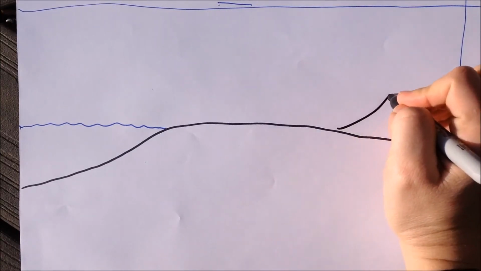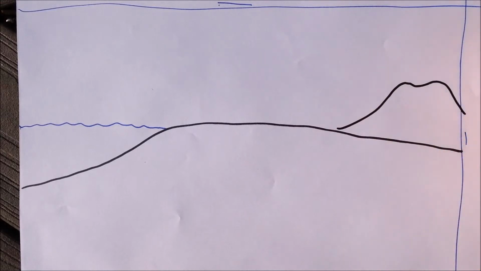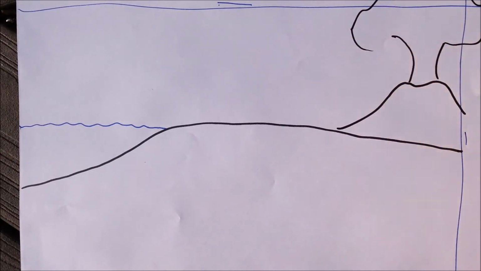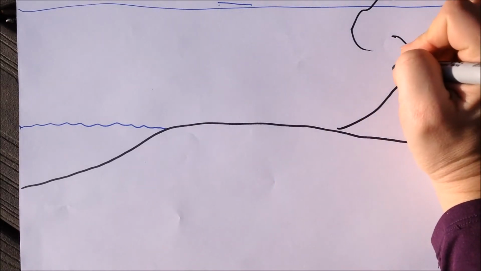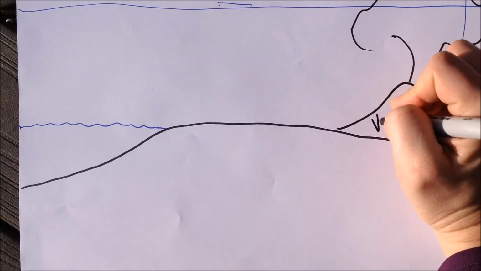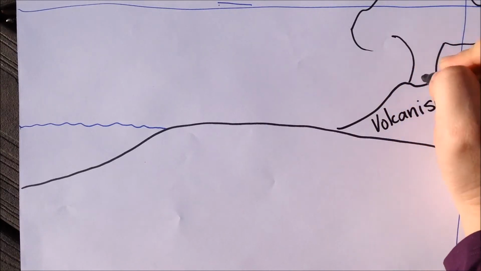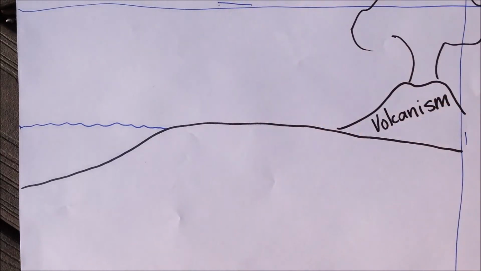Okay, now we're going to draw a few features on our diagram. The first feature is going to be a volcano. And our volcano is going to erupt gases into the atmosphere. So here we're going to call this volcanism. And we're going to have arrows showing the movement of carbon.